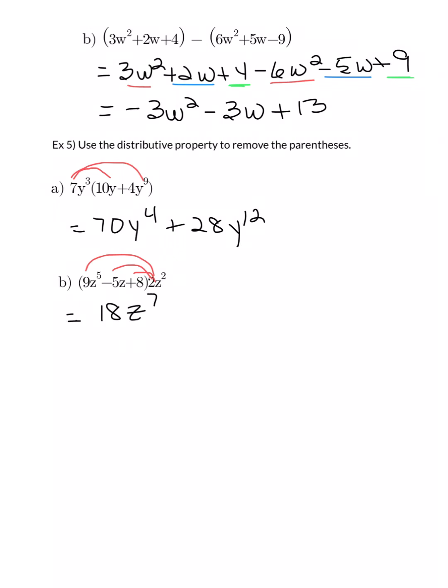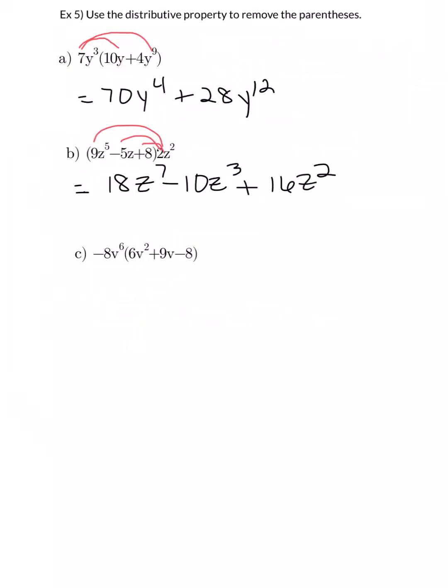Add our powers, we get z to the seventh. Negative 5z times positive 2z squared, negative 5 times 2 is 10. Add your powers, z to the third. 8 times 2z squared is going to be positive 16z squared.